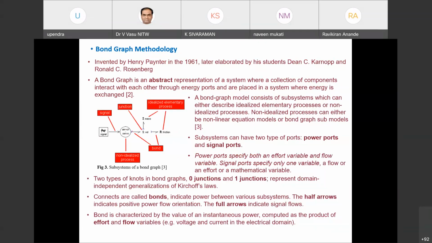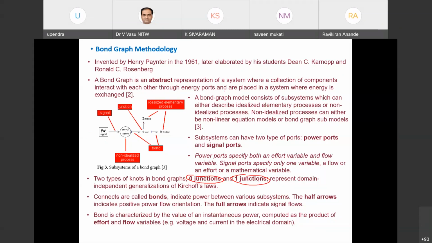We represent it in the form of different bonds. Two important bonds will be there: one is called the zero junction bond, and another is called the one junction bond. I will explain what the zero junction bond and one junction bond are.